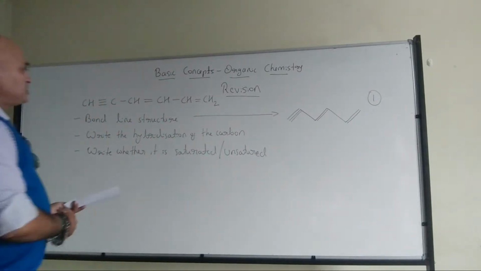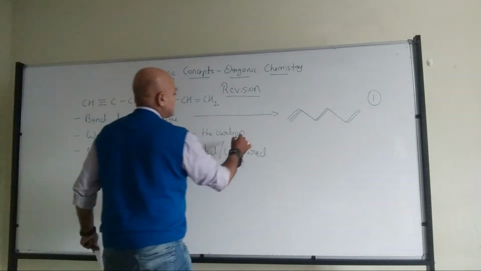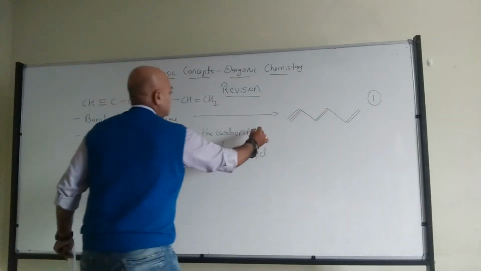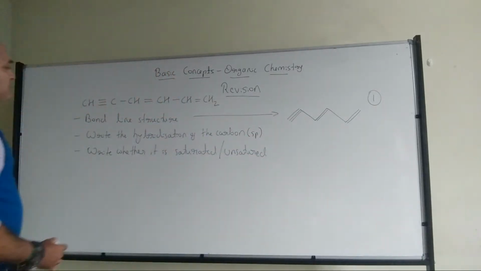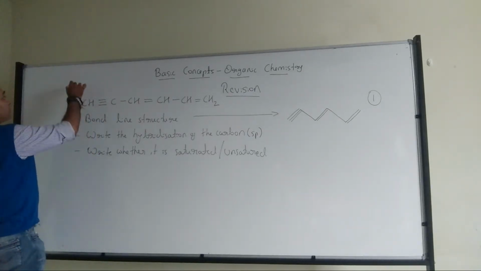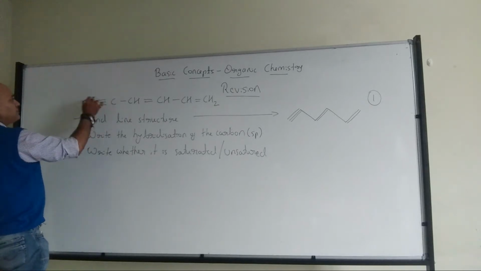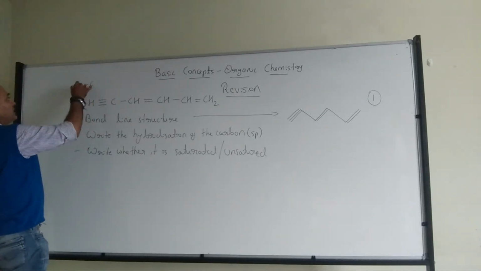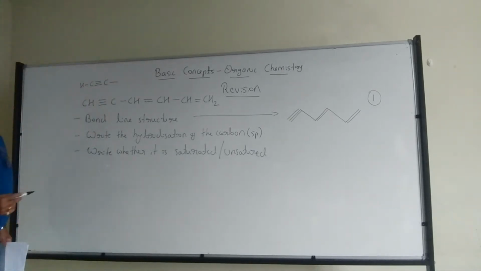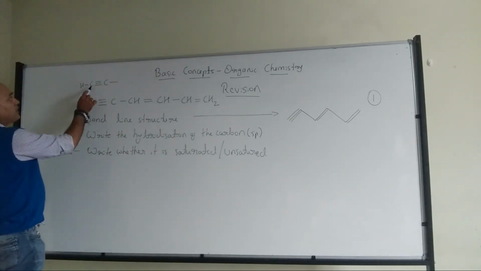Now we will imagine they have asked about sp hybridized carbon, the number of carbon with respect to sp hybridization. How to find the sp hybridization? It's very simple. If I take these two carbon, hydrogen is there, triple bond is there, then carbon is there. How many sigma bonds with respect to this carbon? 1, 2.